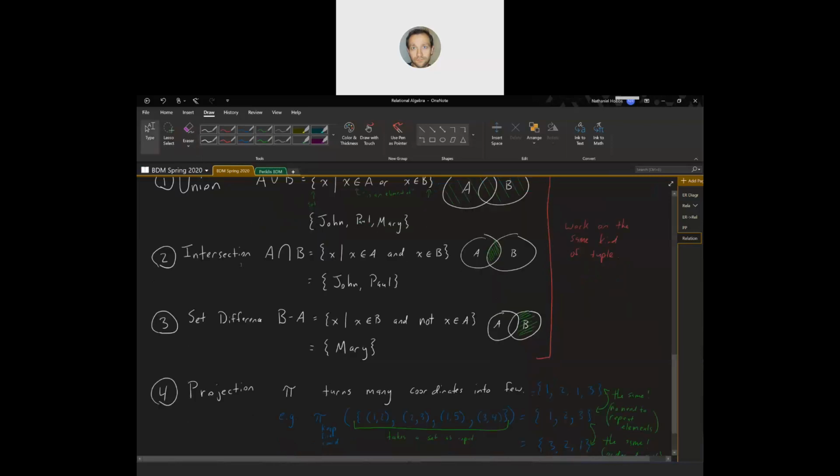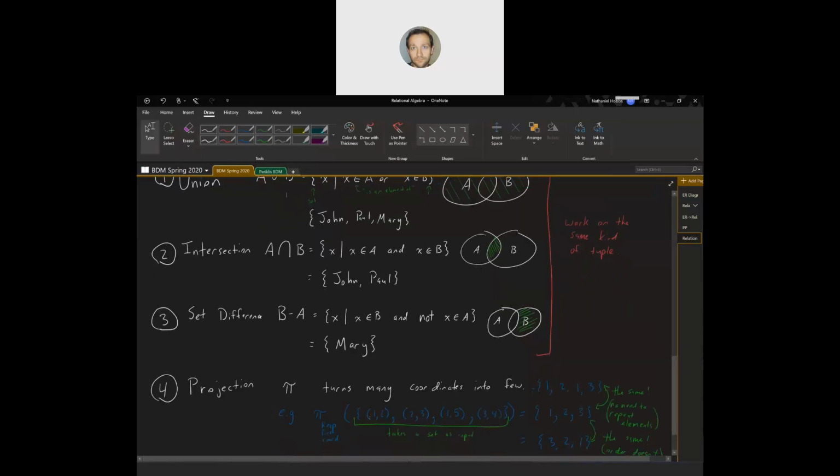Where here, with a projection, it's taking in a set where each element is of dimension 2, and the result is a set where each element has dimension 1. So this is what I mean by it turns many coordinates into few.